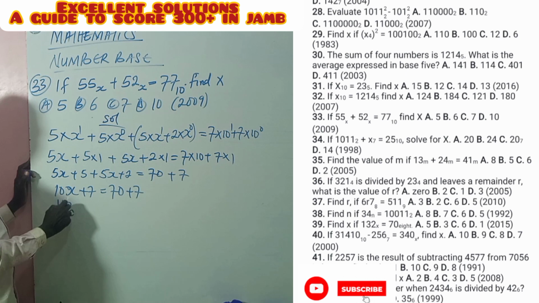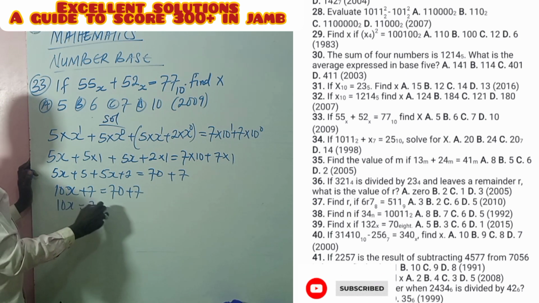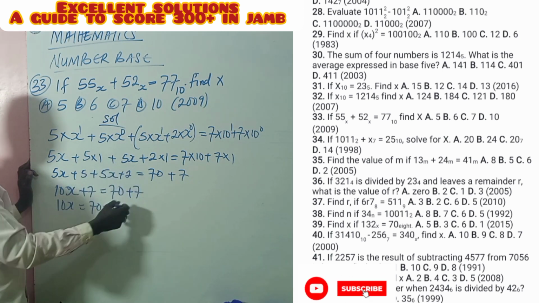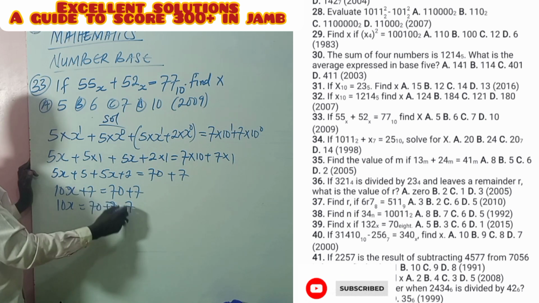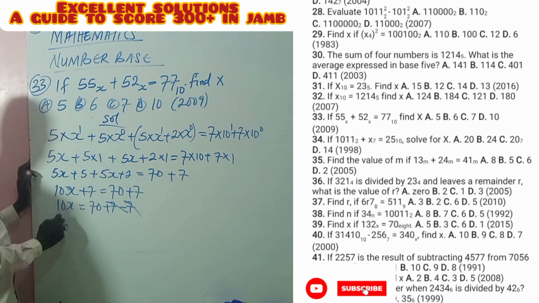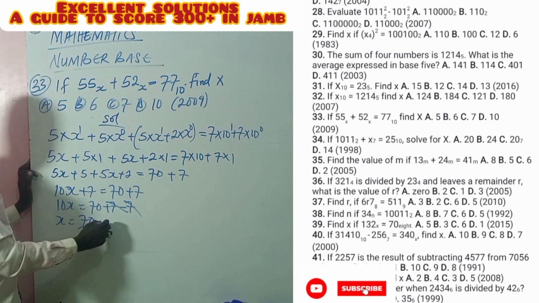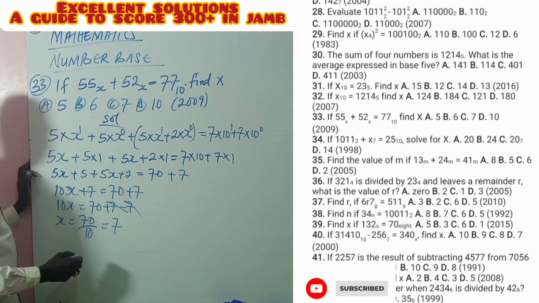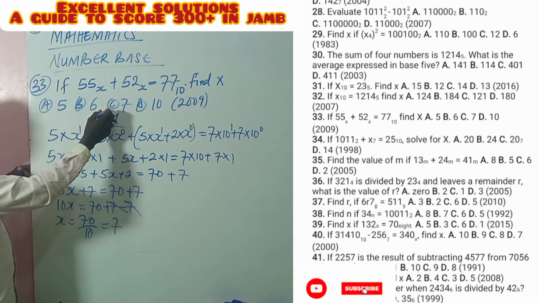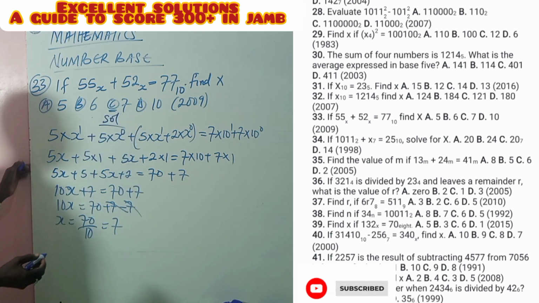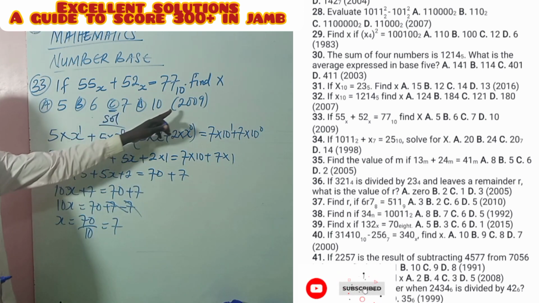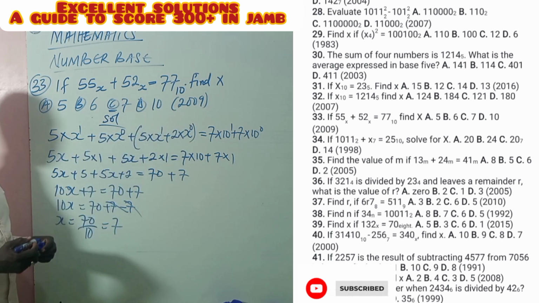So we have 10x equals 70 plus 7. If this one crosses here, minus 7. So this and this go. So x is now equal to 70 over 10, which is the same as 7. If we look at our options, in option C we have 7. The answer is C. This question was asked in 2009.